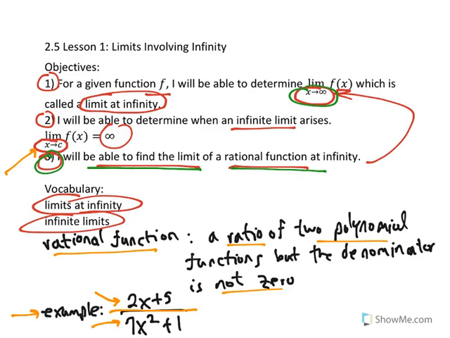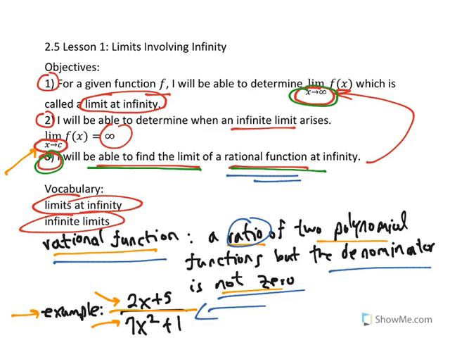So as we saw at the beginning of our lesson, when we were going over the objectives and the vocabulary, a rational function is a ratio of two polynomial functions, but the denominator is not 0, and here's an example. So we want to know how to find the limit of a rational function as the input values go to infinity. That's called the limit of a rational function at infinity.